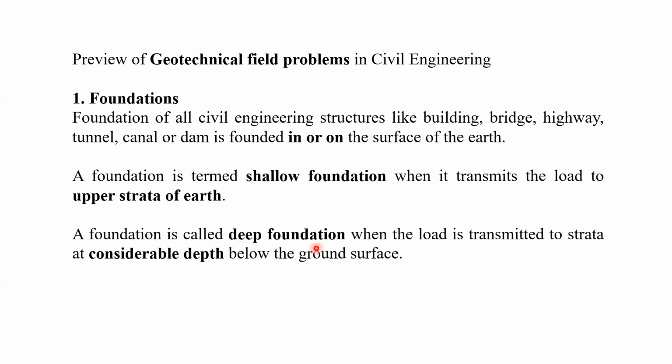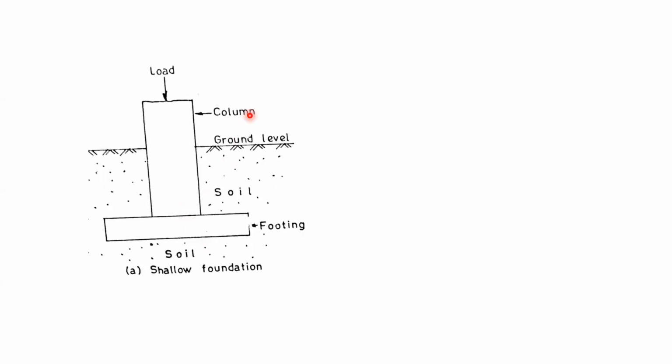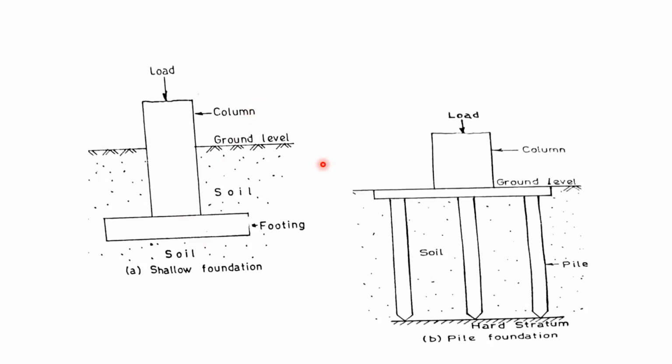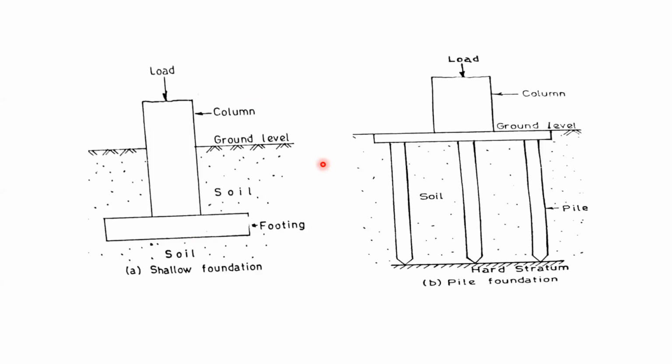A foundation is called a deep foundation when the load is transmitted to a strata at considerable depth below the ground surface. So you see, we can see this figure.